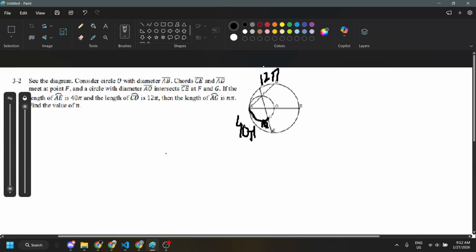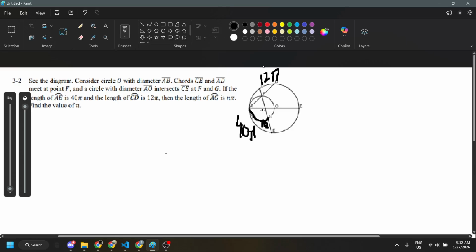Well, they meet at point F. Is F on the circle?